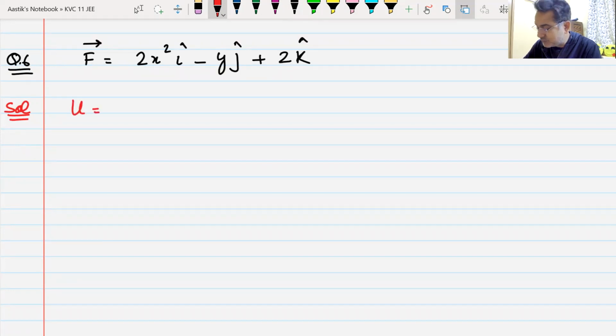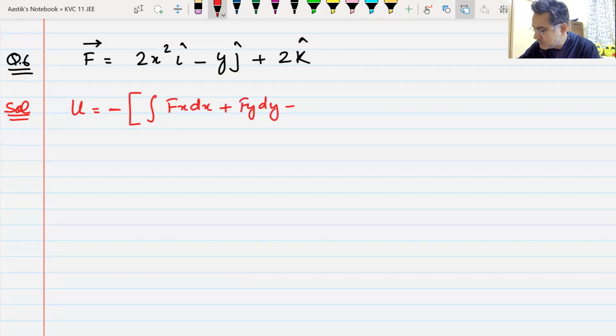So I can write this formula: 2x cube by 3 minus y square by 2 plus c. Or minus of integral of fx dx plus fy dy plus fz dz.